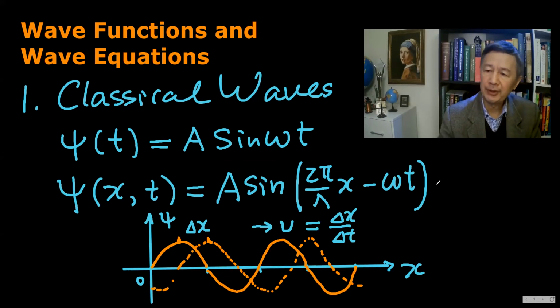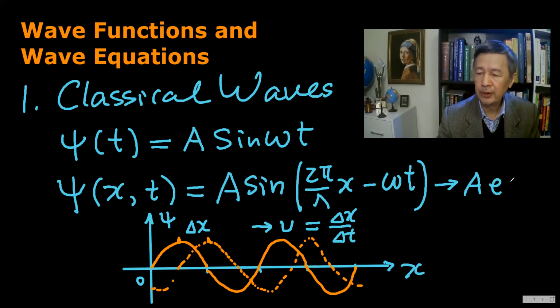Of course, gradually we realized that if we want to describe a much more complicated wave, we have to rewrite the wave function in complex form. In other words, we introduce i multiplied by this phase.